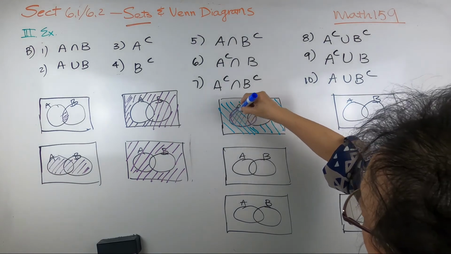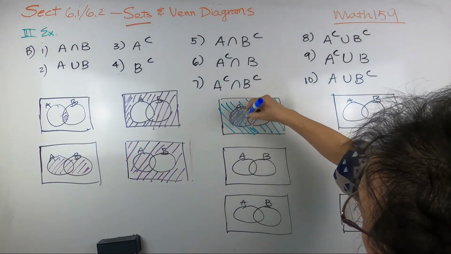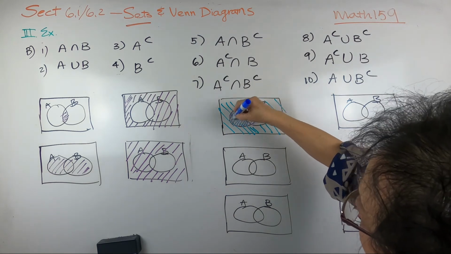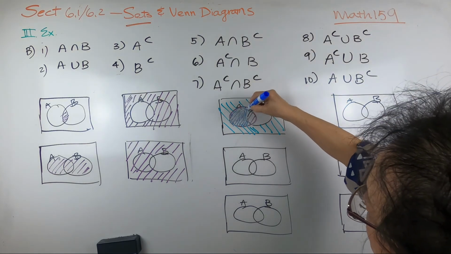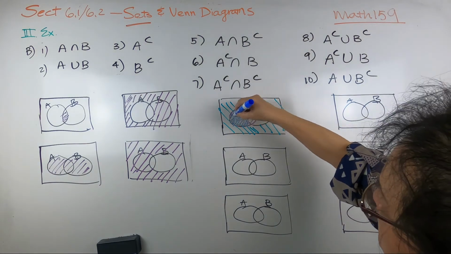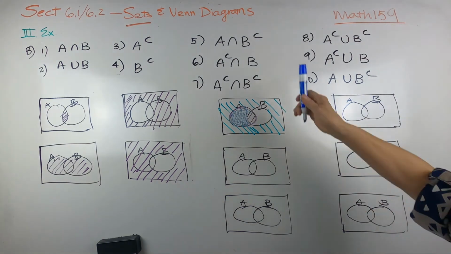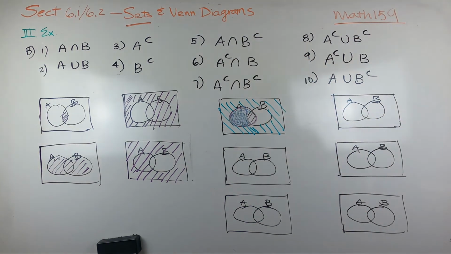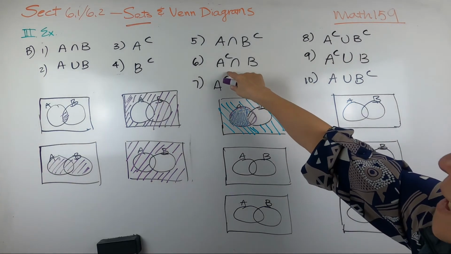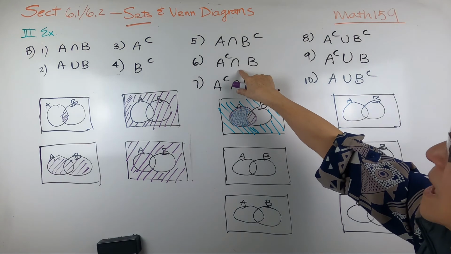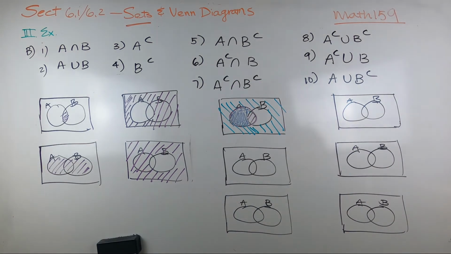That would be this portion, only this portion. That would be your A intersect with B complement.